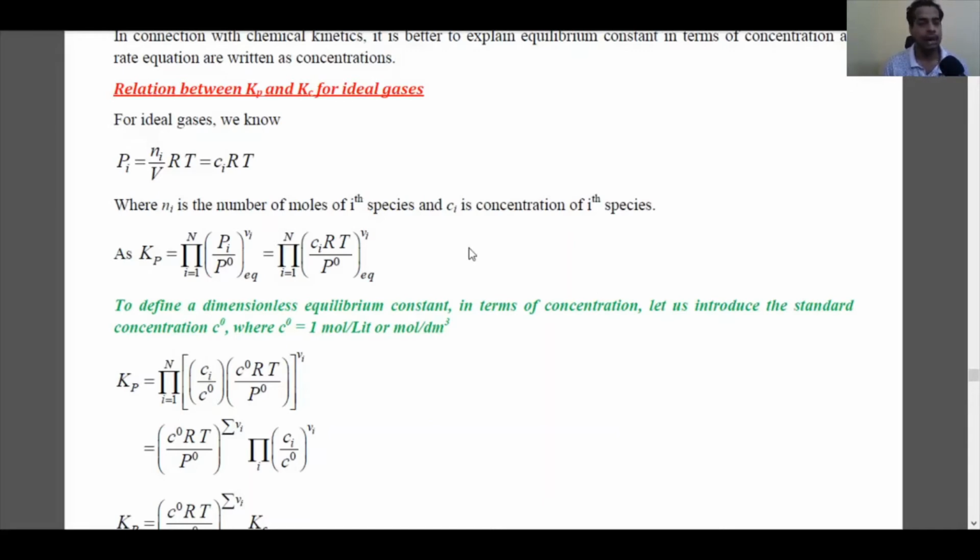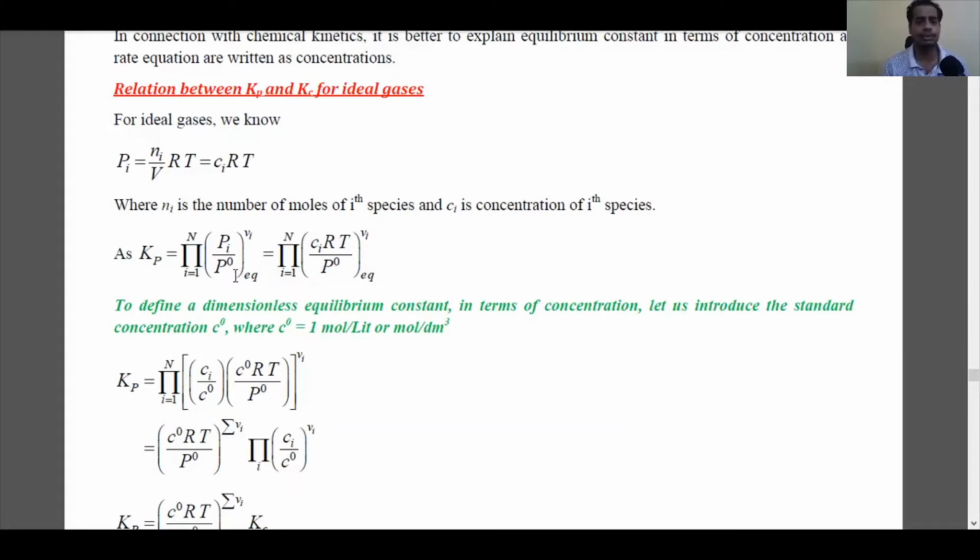From our previous sessions we have understood that Kp is given as the product, with the pi product operator, of partial pressures of the products each raised to their stoichiometric coefficients divided by partial pressures of the reactants each raised to their corresponding stoichiometric coefficients.